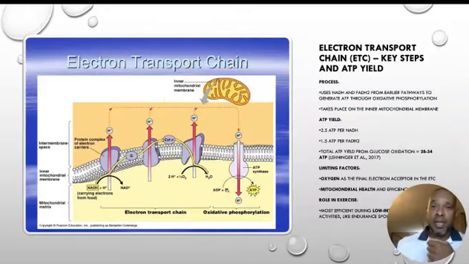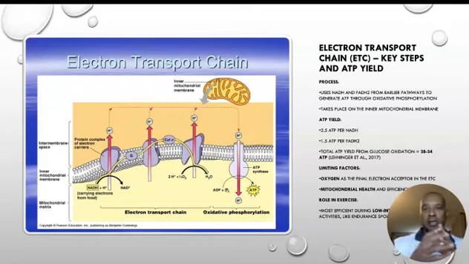The electron transport chain, or ETC, plays a vital role in energy production within our cells. It uses NADH and FADH2, which are generated from earlier metabolic pathways, to produce ATP through oxidative phosphorylation.